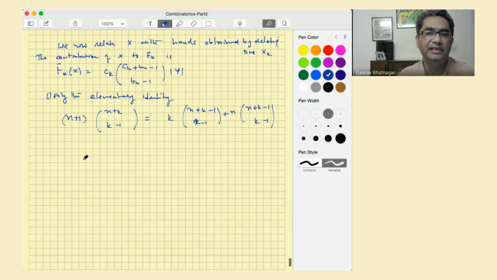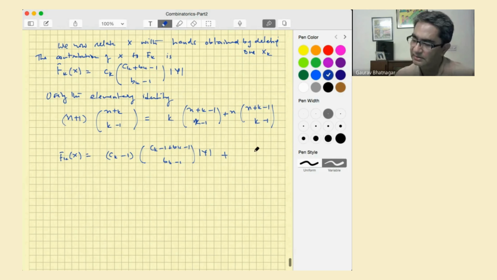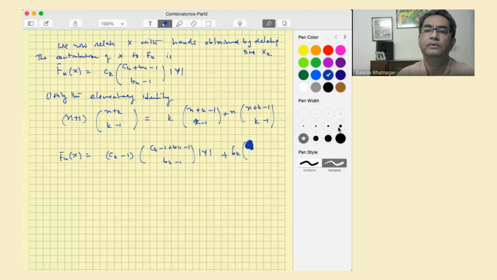So we use this elementary identity to get f_k(X) equal to c_k minus 1 plus b_k minus 1 choose b_k minus 1, Y plus b_k.